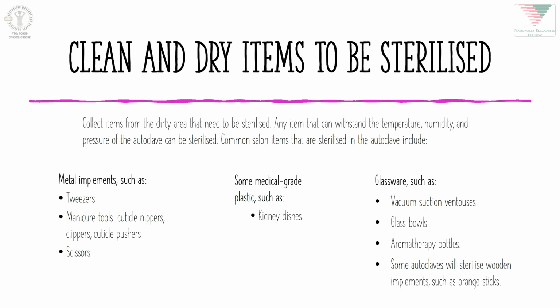Common salon items that are sterilized in the autoclave include metal implements such as tweezers, manicure tools, cuticle nippers, clippers, cuticle pushers, scissors, some medical-grade plastic such as kidney dishes, glassware such as vacuum suction cups, glass bowls, aromatherapy bottles. Some autoclaves will sterilize wooden implements, such as orange sticks.